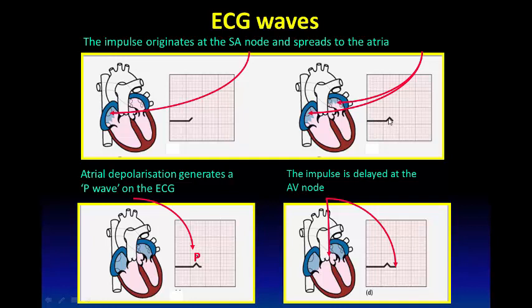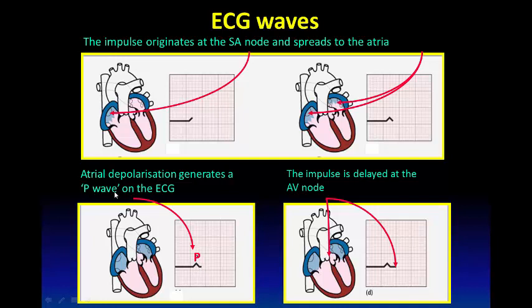It moves up and then back to the isoelectric line, giving a positive wave, because atrial depolarization is moving towards the active electrode placed at VL. This positive wave recorded as a result of atrial depolarization is known as the P wave.